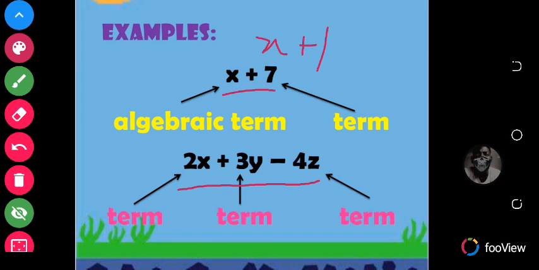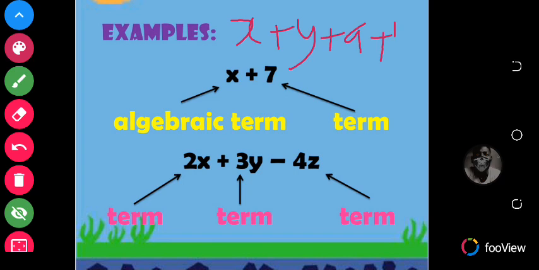You can also have another algebraic term like a plus b plus 2. x plus y plus a plus b is also an algebraic term. So the addition of variables and constants is what we call an algebraic term, and it cannot only be addition. It can also be addition, subtraction, division, and multiplication.